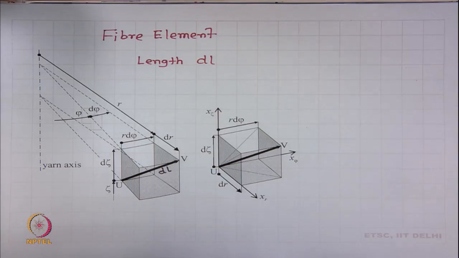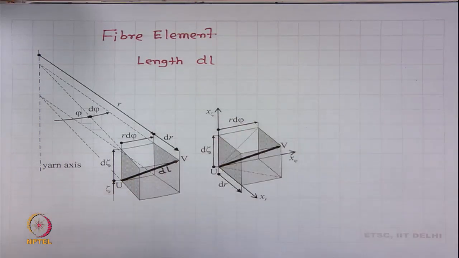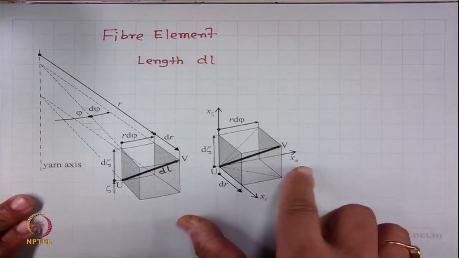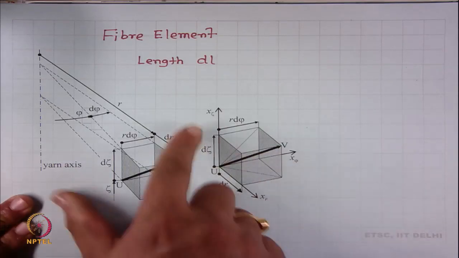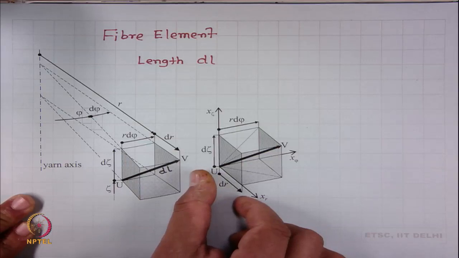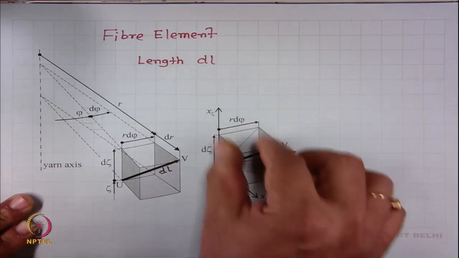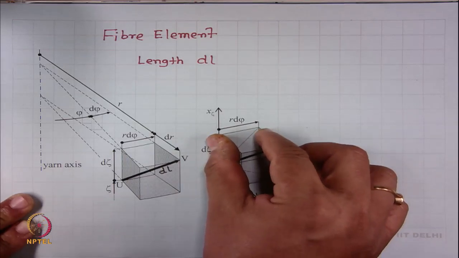These increments are so small that they form an elementary prism, which is shown here. There are three axes, x subscript r, x subscript phi and x subscript zeta. This is the radial increment dr, this is the axial increment d zeta and this is the width increment r d phi.